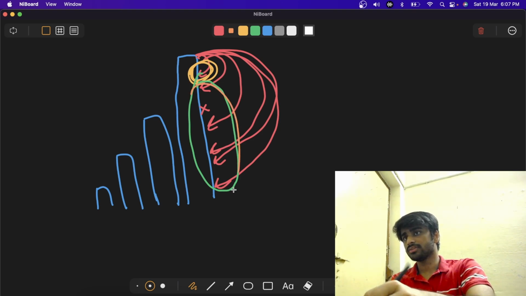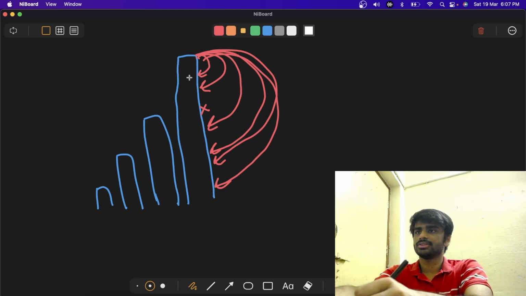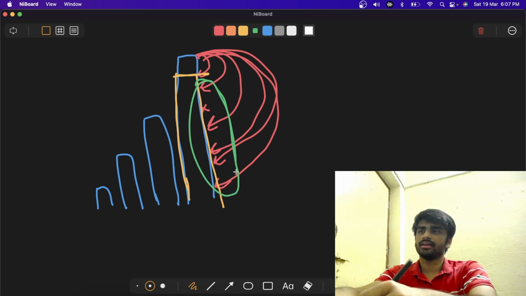But what if all of these are winning states? That means there are no losing states here. So that's what I left this one for. Then what Alice can do is just take Bob till here. Okay. And then the next step will be playing like this. So now again, Bob has to move on one of these.